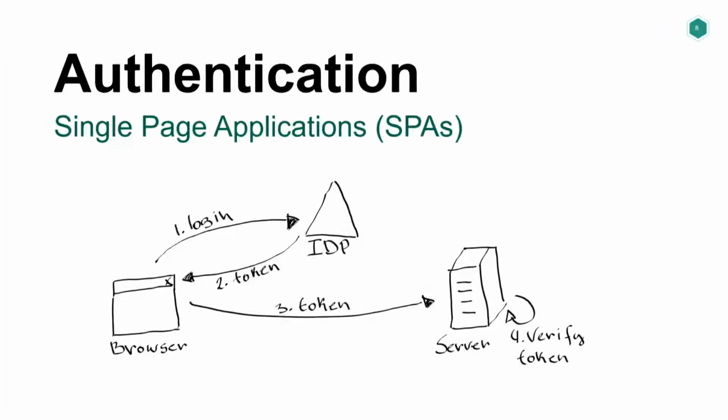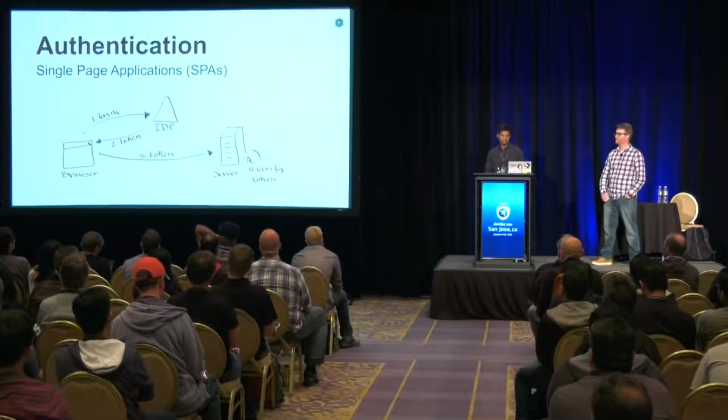In this case, the browser would automatically go to the identity provider if it doesn't have a valid token and get a token by logging the user in. Once the user is logged in, it makes requests to the server, using JSON preferably, and sends the token along with every request. What we see a lot is JWT tokens being used, and that's kind of the standard for single-page applications right now.